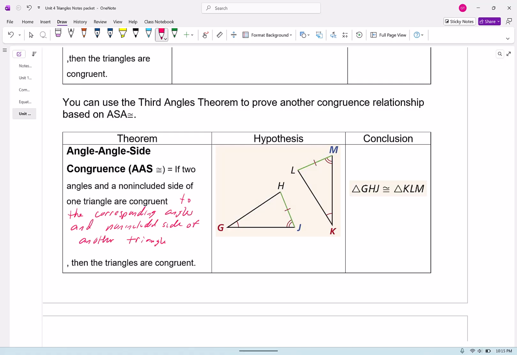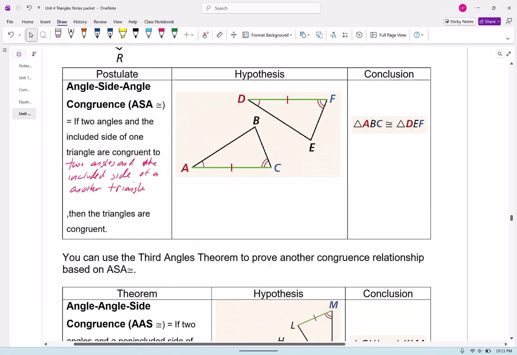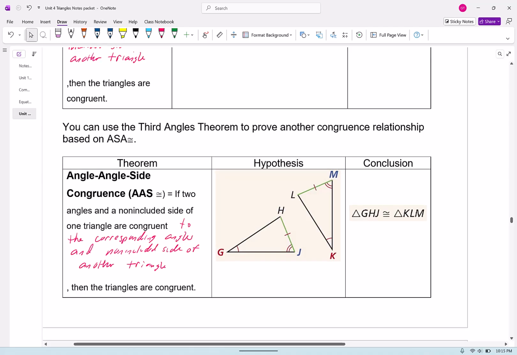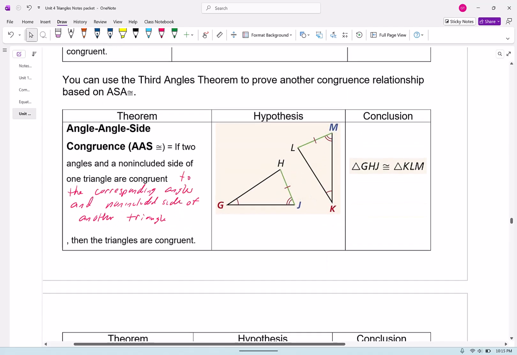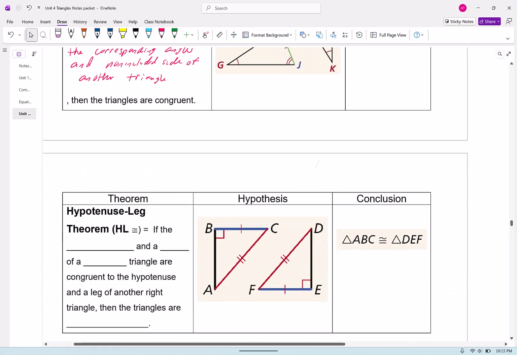So we got angle, angle, side. This is a non-included side. Otherwise, it'd be angle, side, angle, which is what this one up here is. So angle, angle, side is another way of proving congruency.